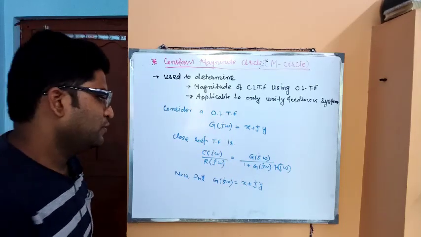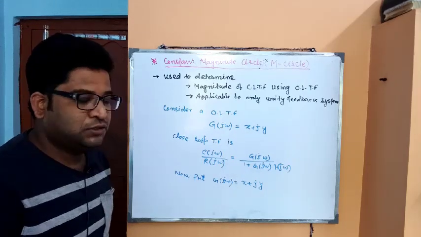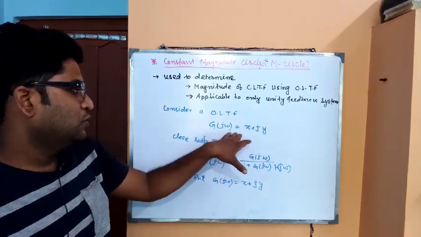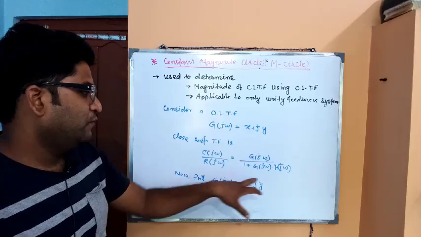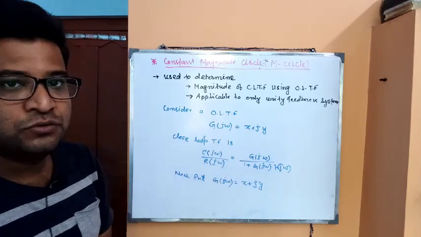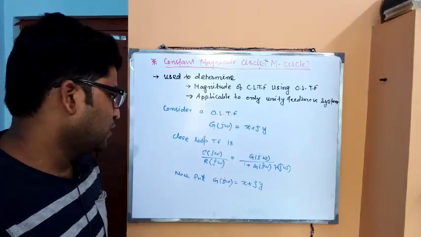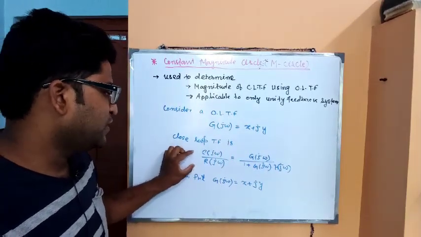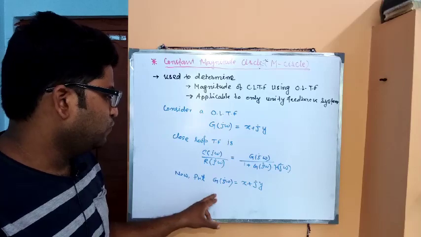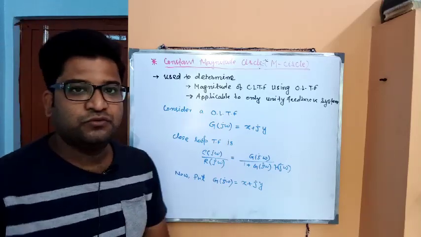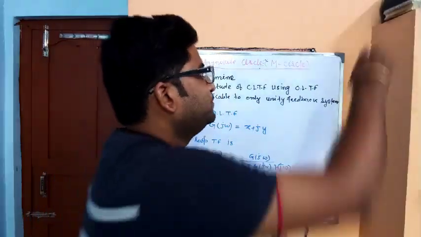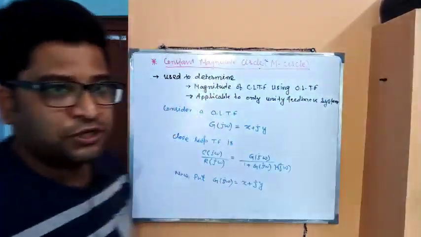Here the value of G of j omega is written over there, and the value of H of j omega is equal to 1 because we are considering the unity feedback system. Now in this closed loop transfer function we are putting the value of G of j omega as x plus j y.